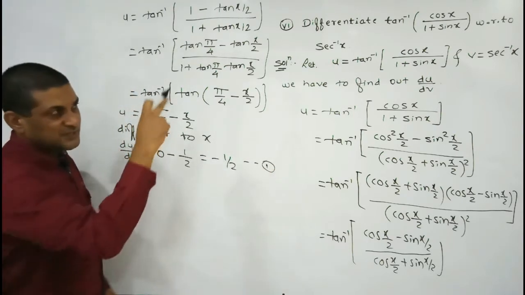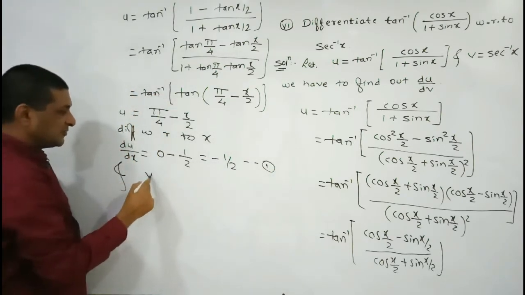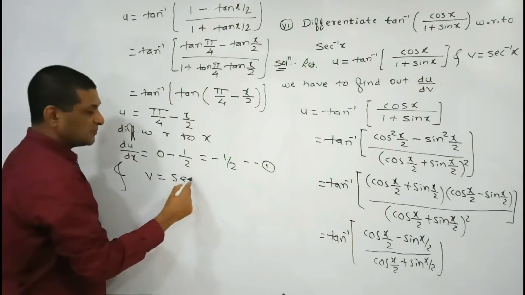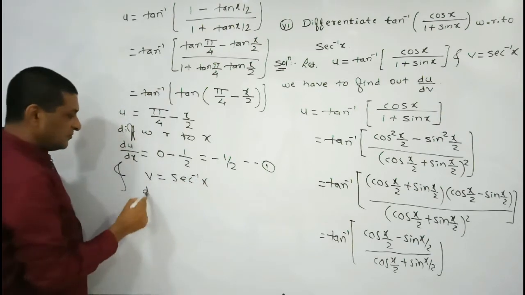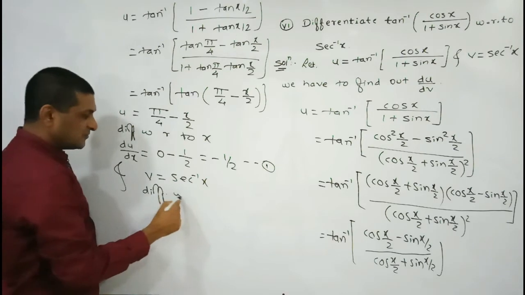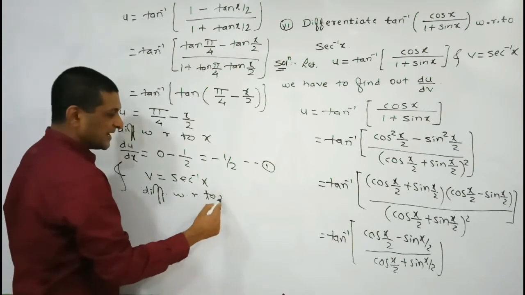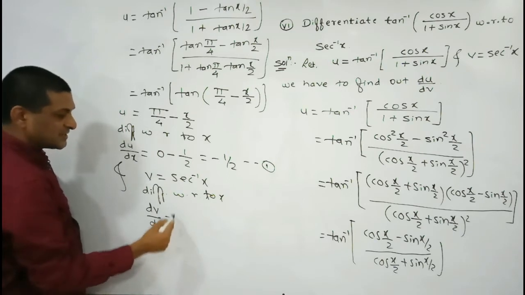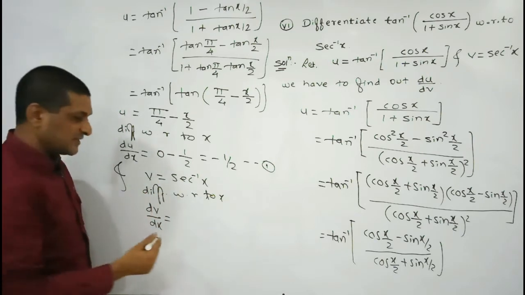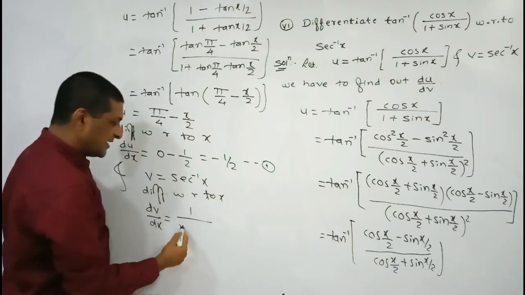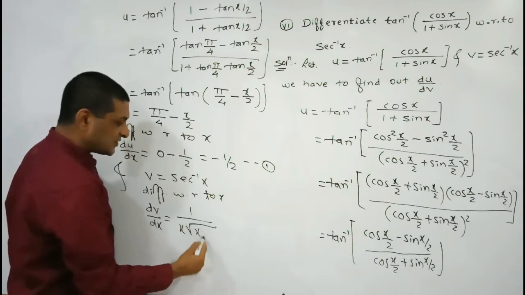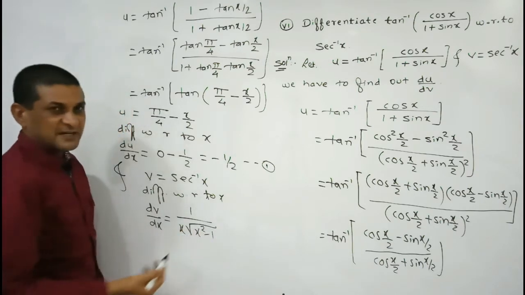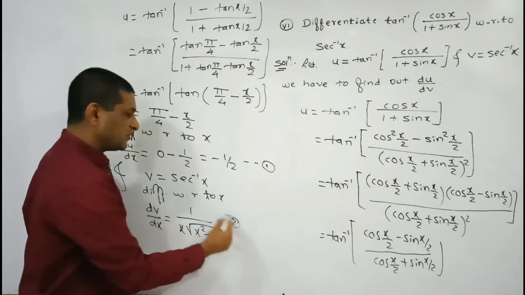Now we are considering v, and what is the value of v? V is equal to sec inverse of x. Now we are differentiating it with respect to x. So the derivative of v with respect to x is dv upon dx. And what is the derivative of sec inverse of x? We know that its derivative is 1 upon x under root x square minus 1. It is the standard formula. Let us denote it by equation number 2.